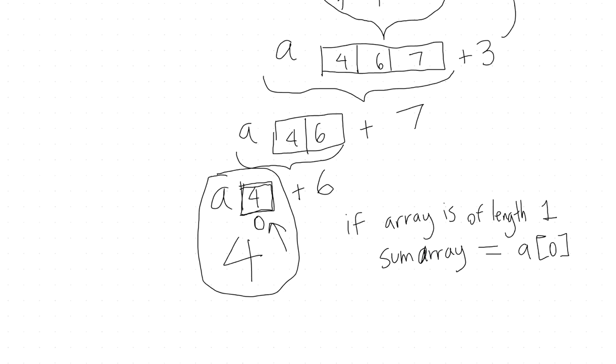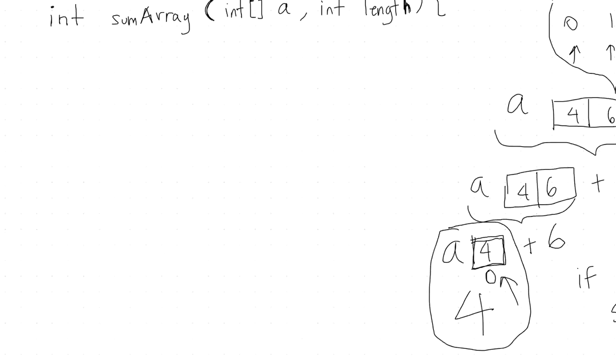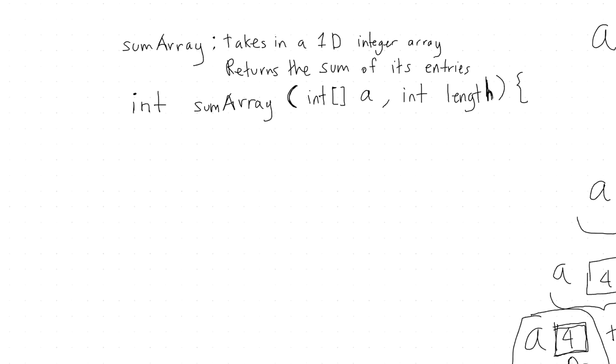So if we want to write this more formally in our code, the first thing that we can check for the base case is if our length, which is the parameter we're using to keep track of the array's length, is just 1, then we can immediately return what's at index 0.